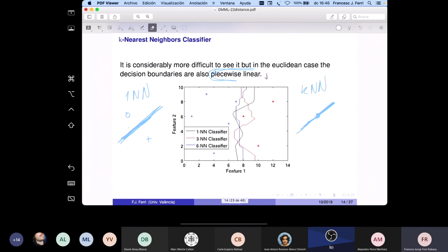Let's put an example. 3. If we have this boundary, it means that the third and fourth neighbors have to be these two.